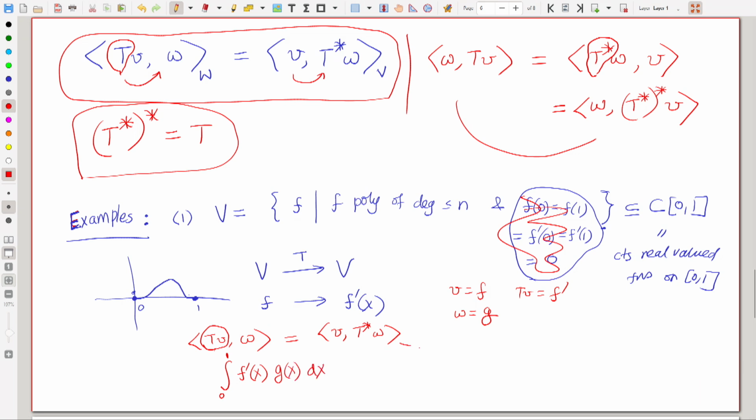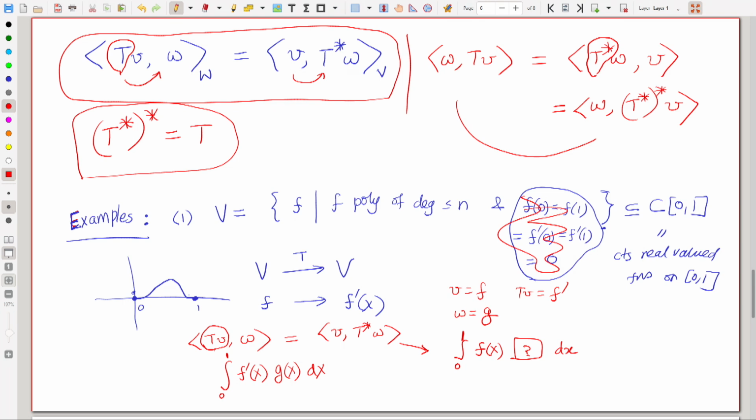Now on the right hand side, in order to figure out what T star is, I should massage this integral to look like the integral of f of x times something dx. If I do that, then that something is my T star W, something involving g.